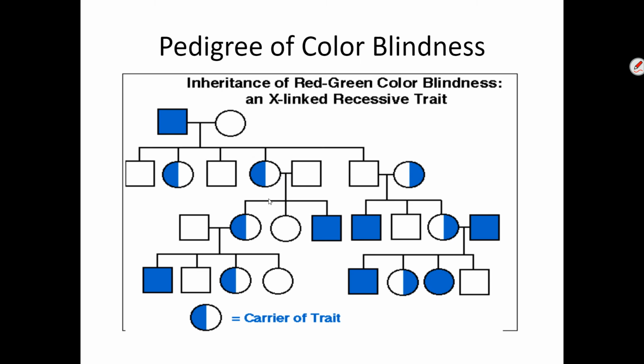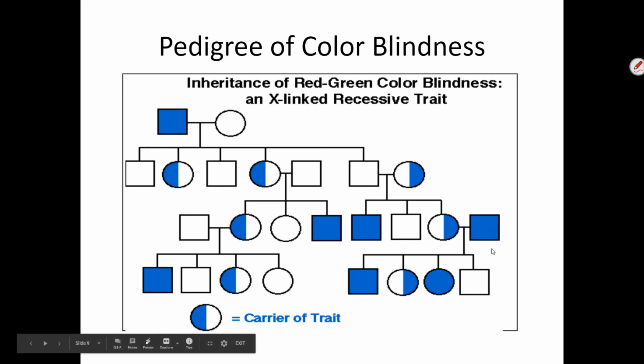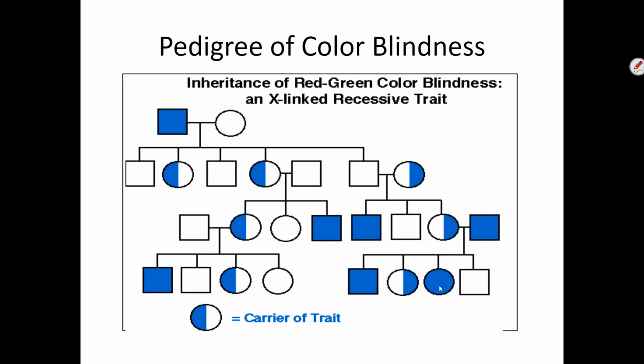And so now there's a chance that 50% of the male children in her household will have colorblindness because she is able to pass on that colorblind X chromosome. And you see the same thing happening here. In this family, this person is a carrier and the dad is colorblind. And so this female here can be colorblind if mom gives an X and dad gives an X that are colorblind.